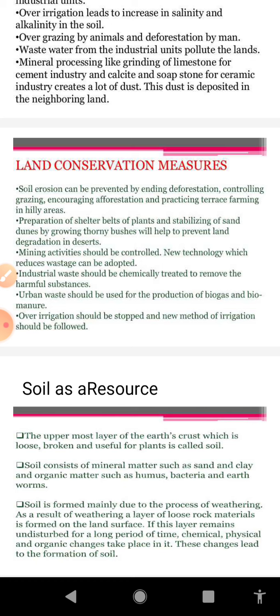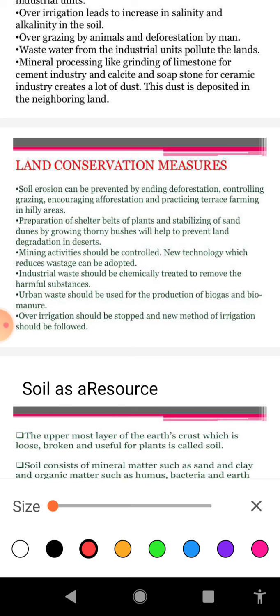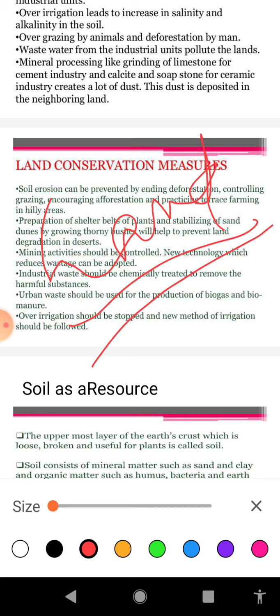Then another question which is also related to the same topic, land, you may get the question, what do you mean by net sown area? With regard to the net sown area, in a very simple sentence we can say, the area sown once a year in a particular country can be termed as net sown area.